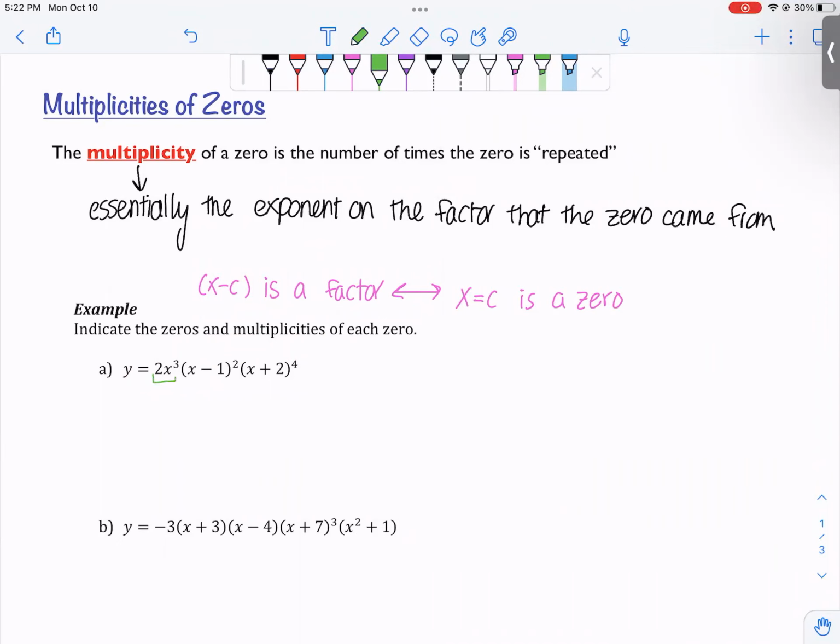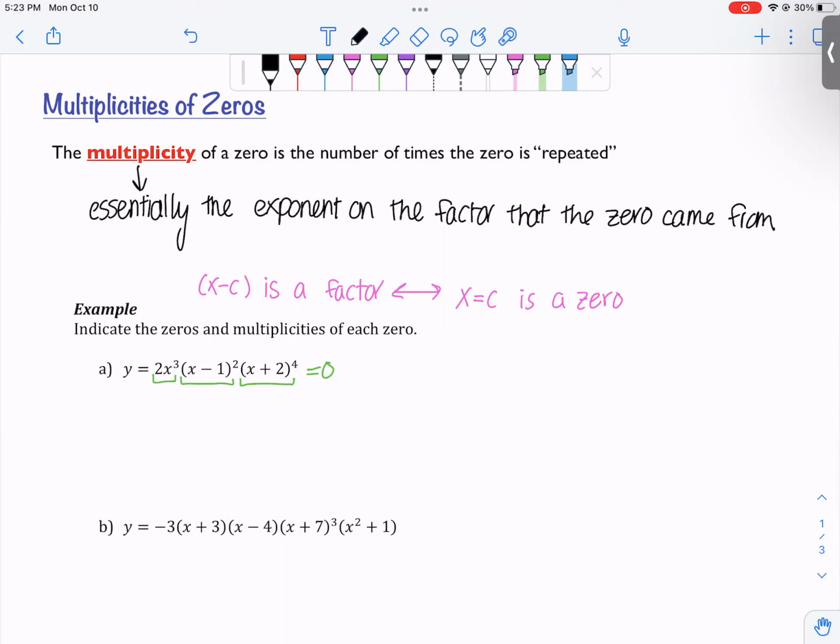So I have 1, 2, 3 factors. And here's really what's happening. If I were to set this entire thing equal to 0 and try to find out where y is equal to 0, I would set each factor equal to 0, and that would give me the zeros.